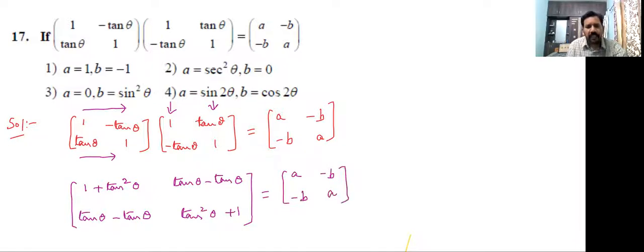Now comparing the corresponding elements. 1 plus tan square theta is equal to A. So A is equal to 1 plus tan square theta. What is the formula for 1 plus tan square theta? Secant square theta.